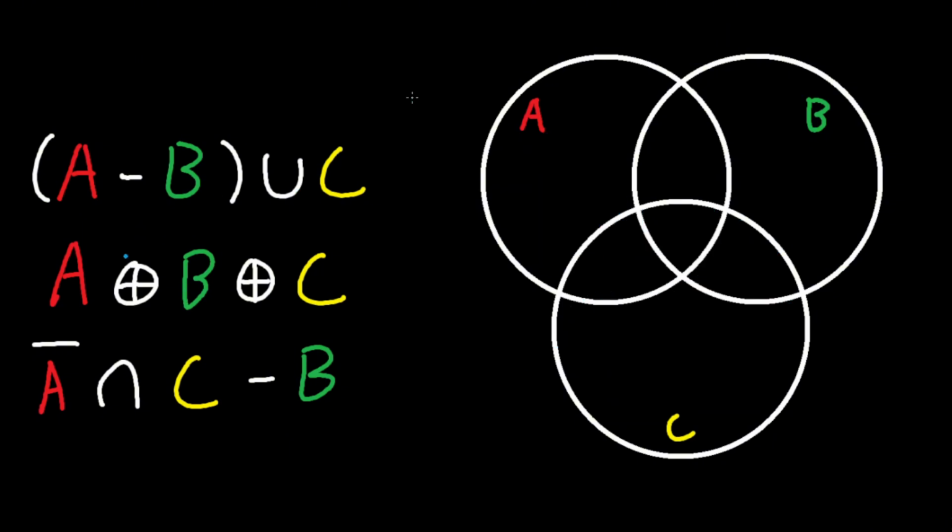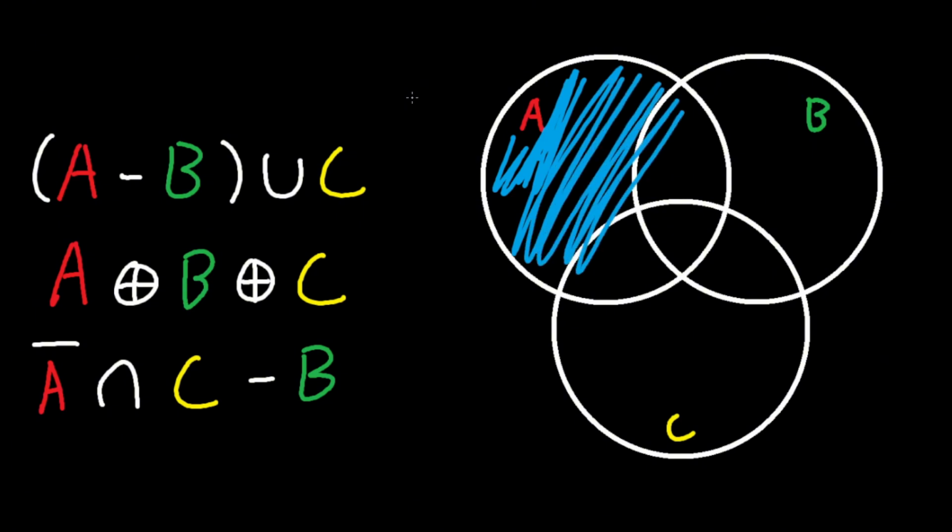For this next problem, we only have symmetric differences, so it doesn't matter what order we do it. We'll get the same answer at the very end because these are commutative. So first things first, let's fill out A like so, and fill out B like so.